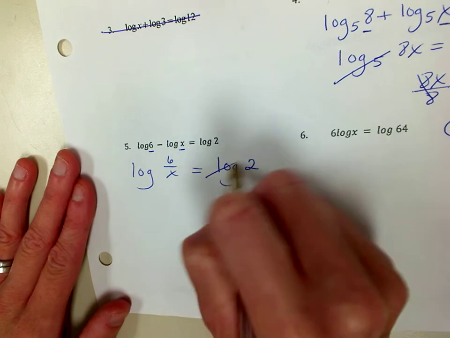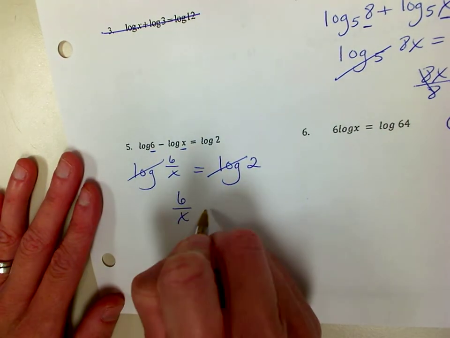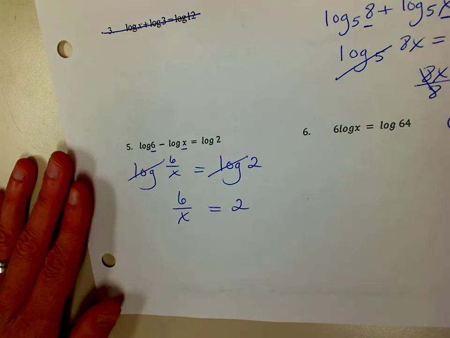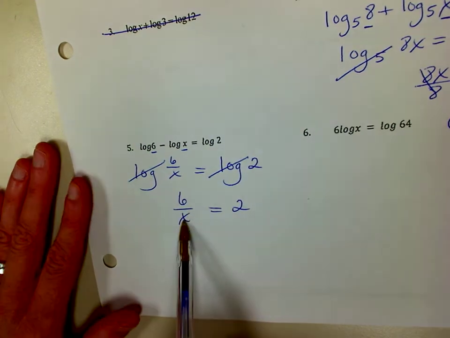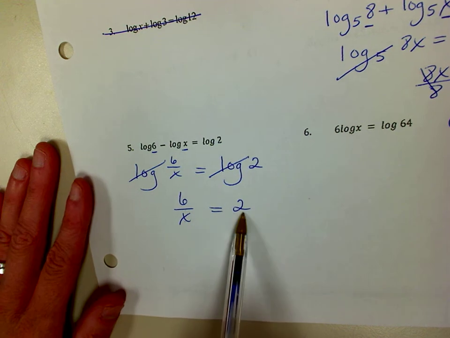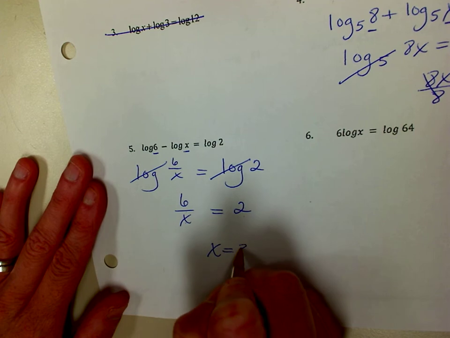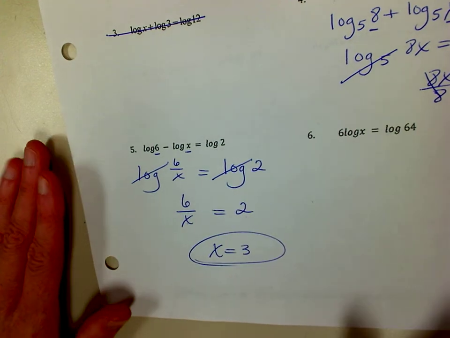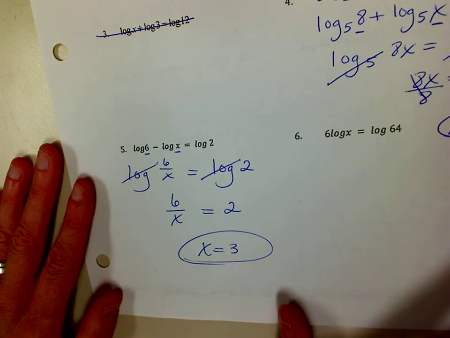The logs can then cancel out. I'm left with 6 divided by x equals 2. Now this one you just have to think about it. You're trying to figure out 6 divided by what number will give you 2. That must be 3. My answer is, in fact, 3. My answer is greater than 0, so again, I am fine.